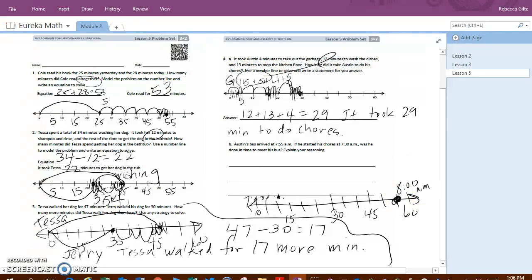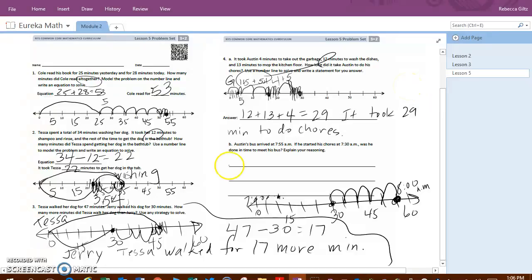He started doing his chores at 7:30. Did he have enough time between 7:30 and 7:55 to do 29 minutes worth of chores? Well, let's count. This is 5 minutes, 10 minutes, 15, 20, 25, and there's the bus. So did he have time to do 29 minutes worth of chores? No. So we're going to answer that.